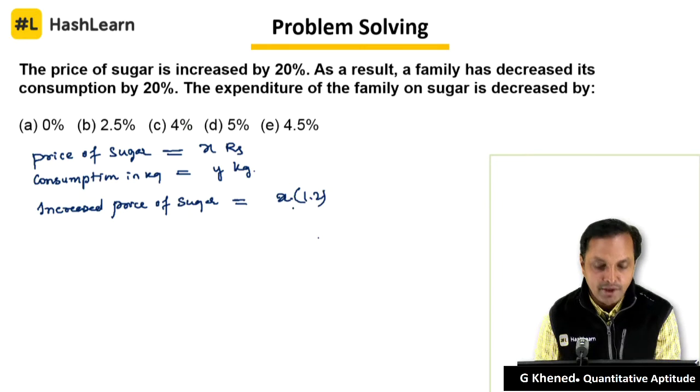Better I'll write it as 1.2 times because the price is 1.2. It's not by 100.